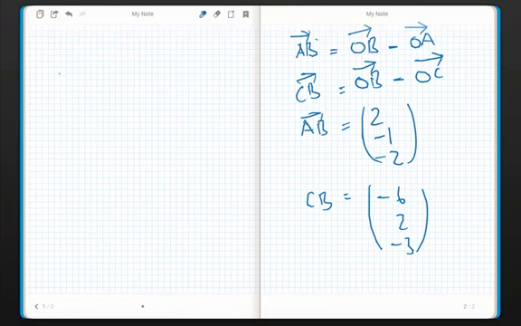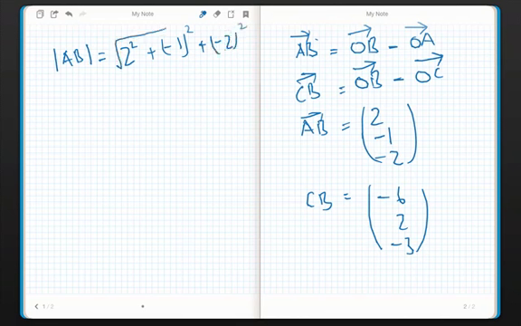Now, we first find the magnitude of AB. The magnitude of AB is done by the Pythagoras theorem. In this case, it will be the root of 2 squared plus minus 1 squared plus minus 2 squared. It's exactly the method that you use for Pythagoras theorem, which is equal to root of 4 plus 1 plus 4, which is 3.